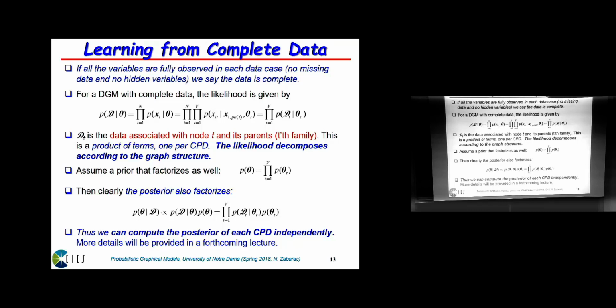Xi, again, is the ith data case and involves all the nodes in the graph. And then I use the factorization of the graph to write the probability of xi given theta as the product over all nodes of the probability of, for the ith case, node t given its parents and the parameters theta. Nothing fancy, right?